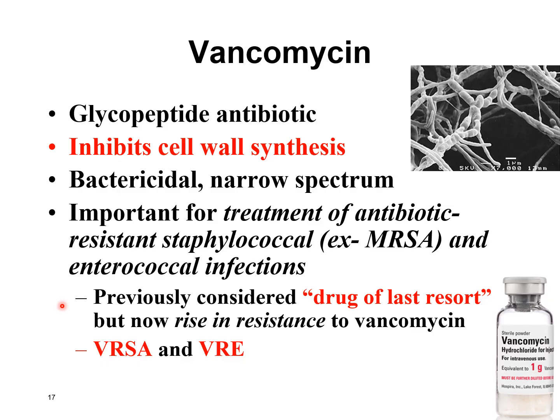But we've got resistance to vancomycin now. So we do have VRSA, which is vancomycin resistant Staph aureus, and VRE, which is vancomycin resistant Enterococcus. Okay, so those are difficult to treat. So vancomycin doesn't get those anymore.